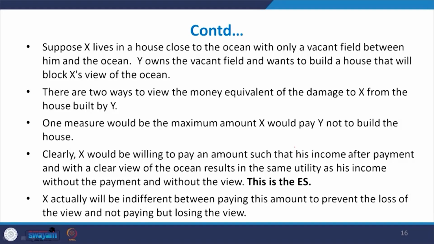This can actually be known. Clearly X would be willing to pay an amount such that his income after payment and with a clear view of the ocean results in the same utility as his income without payment and without the view. So, this is called equivalent surplus.